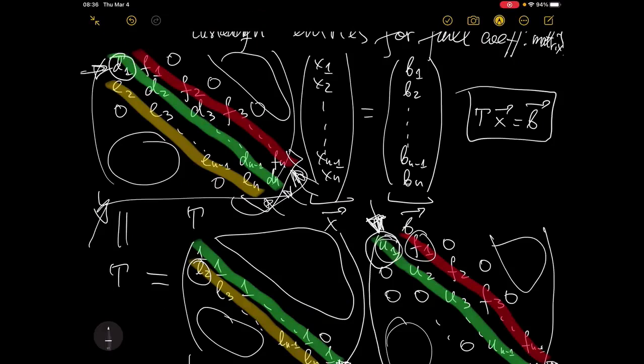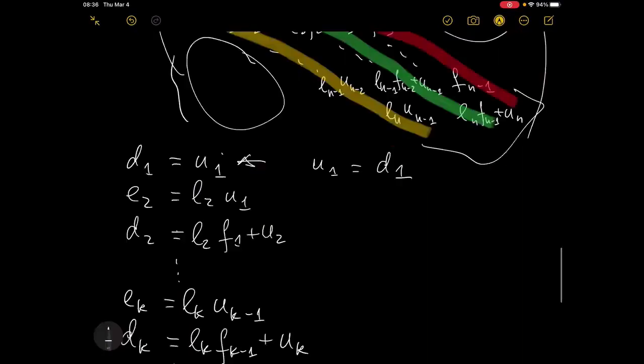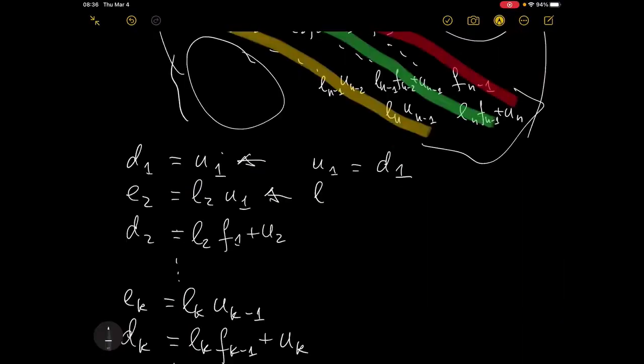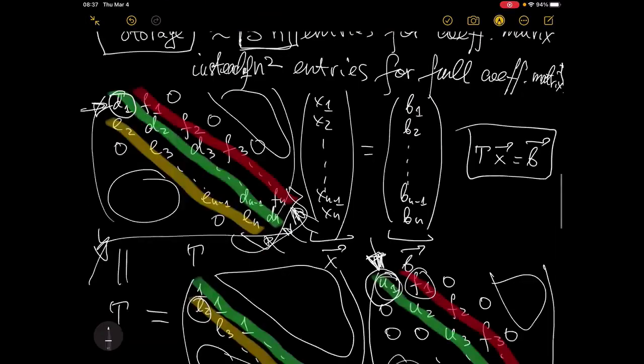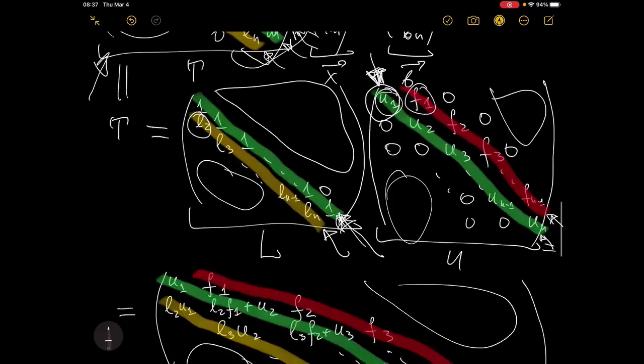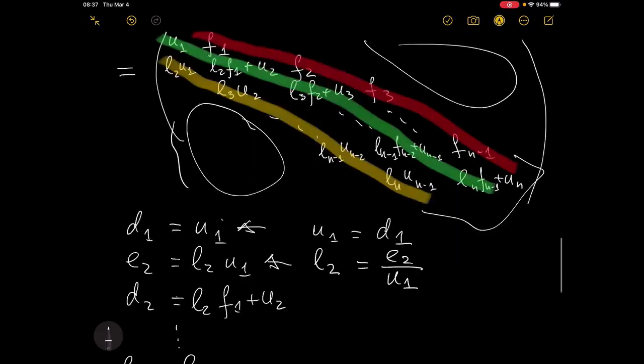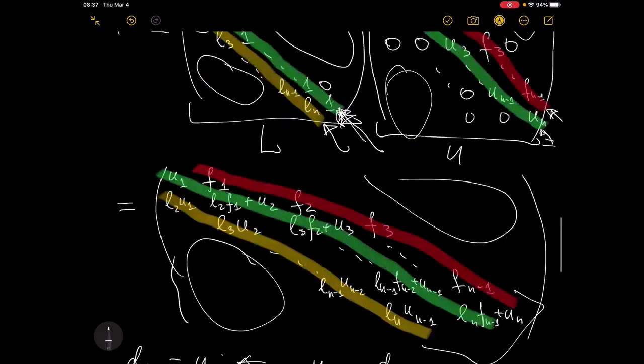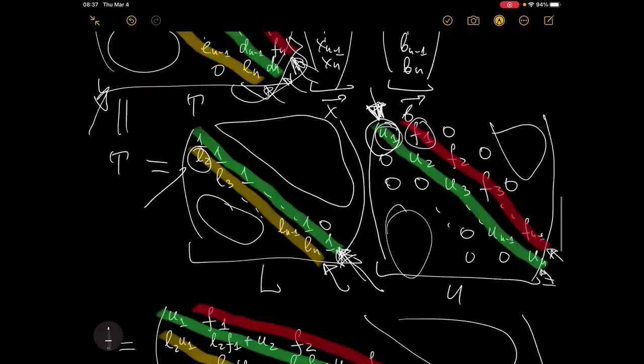Now, next, from here, I can find that L2 is equal to E2 divided by U1. So E2 is this element, it's known, right? And correspondingly, U1 I already have found. So this allows me to find this element.